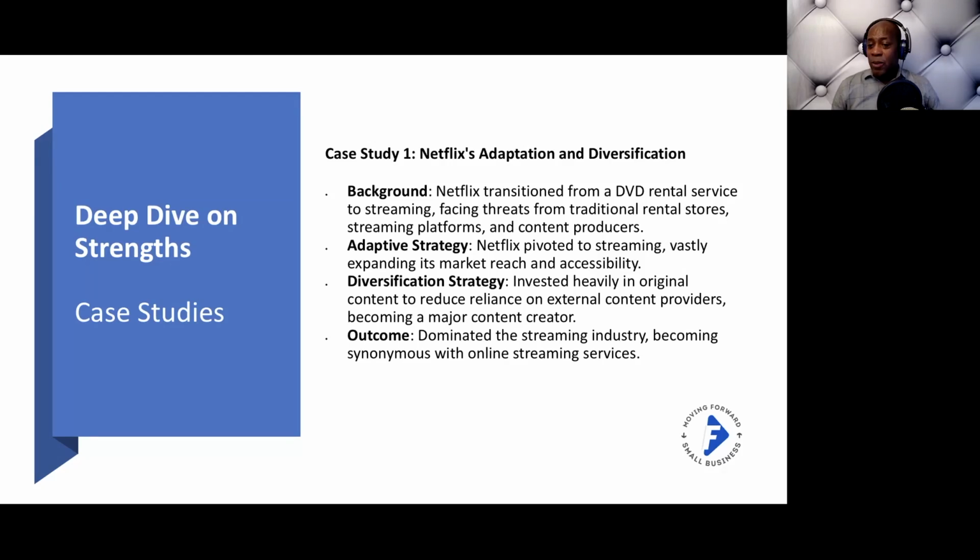Okay, the outcome: dominating the streaming industry, became synonymous with online streaming services. Okay, so that's a great case study of how they kept adapting. And again, this is over time. So if they stopped after the first one, they might as well have been Blockbuster 2.